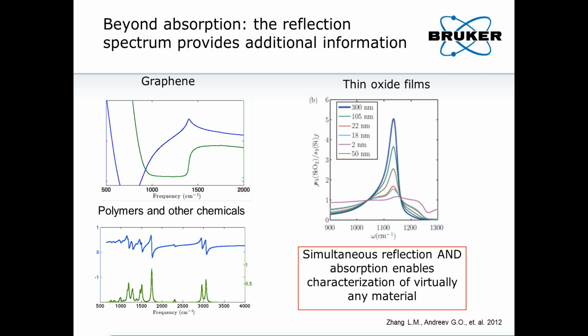But the take-home message here is that the ability to measure reflection and absorption simultaneously enables characterization of virtually any material, because pretty much any material will reflect these near fields, and if it absorbs, it will change the phase of the tip scattered light, which we can detect as absorption.